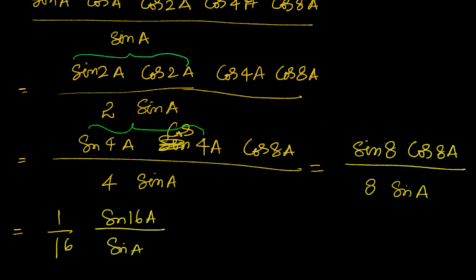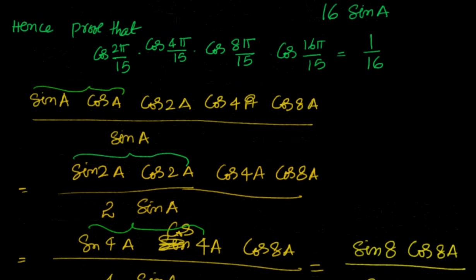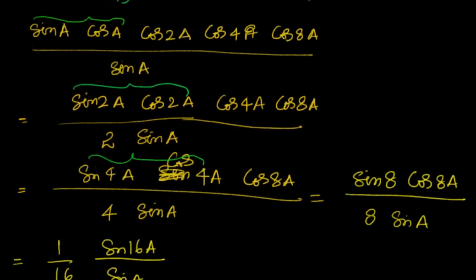I hope you got it. We have just multiplied and divided in the first step with sin a so that you can make them as sin 2a, then it becomes sin 4a, then sin 8a, then sin 16a. But every time you don't have the 2, so you have to divide by 2 continuously. So 1, 2, 3, 4, 2 times you are multiplying. So 2 to the power of 4 is 16.